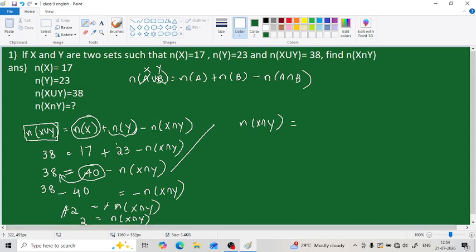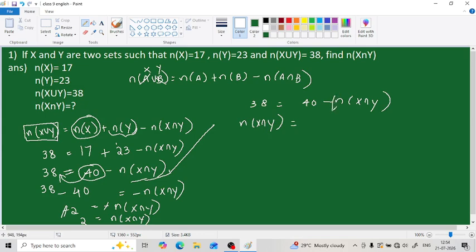Okay, in other words, how can we solve from here onwards? From this side, how can we solve it? Here it is given that 38 equal to 40 minus n of x intersection y. So either we need equal to n of x intersection y, or we need n of x intersection y equal to.